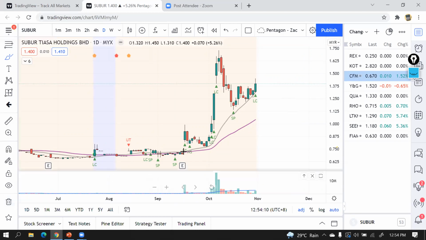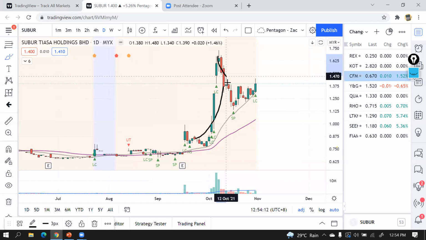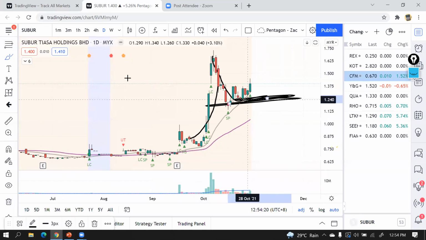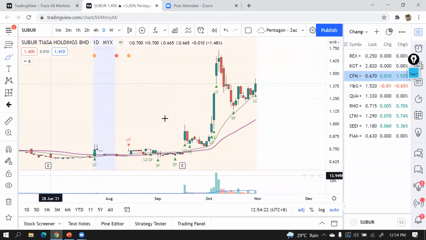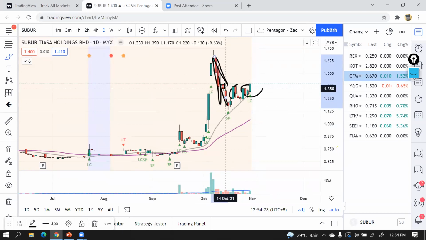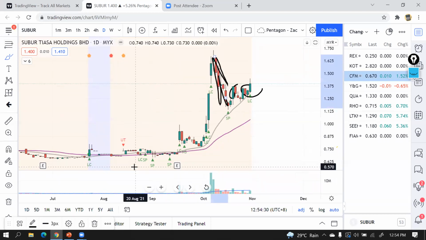Subo also okay, but it broke up too fast already, so probably this one will take some time to do some reaccumulation again. Monitor for more sound strength. At least for these counters, the up bar comes with high volume, increasing volume, and the down bar didn't come with high volume. So I think the distribution is not there yet. Probably move sideways first.